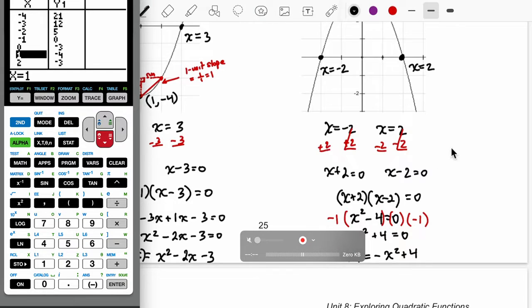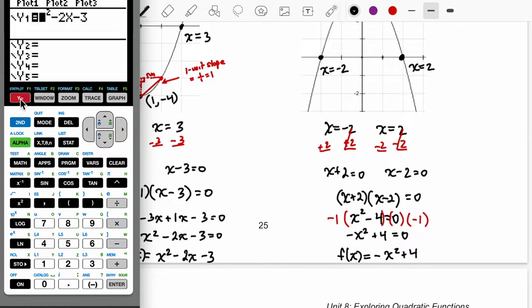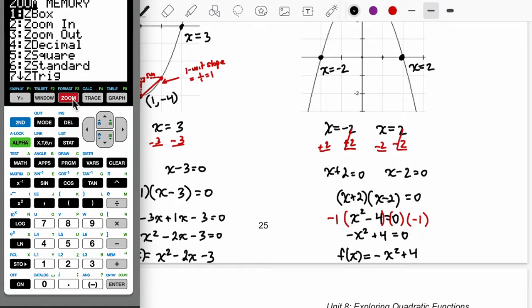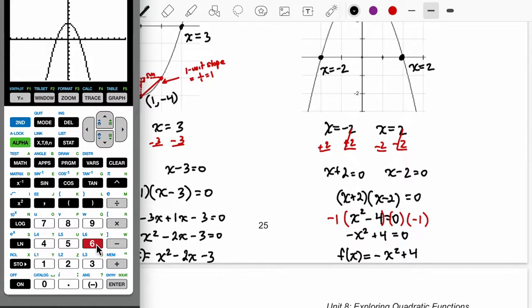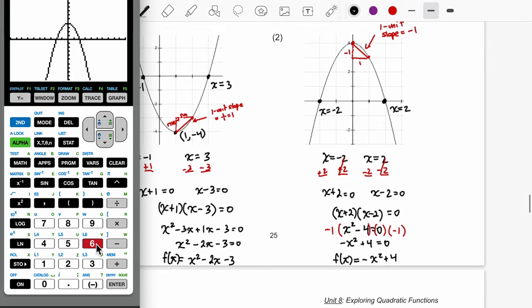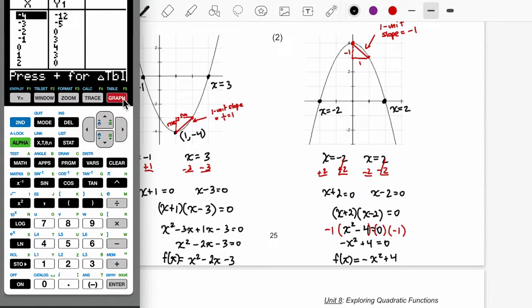All right, quick check. So this is my equation. Quick graph, zoom 6. It looks similar, but I want to be sure. So second graph brings me to the table.